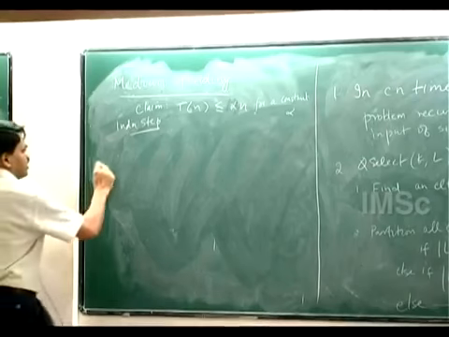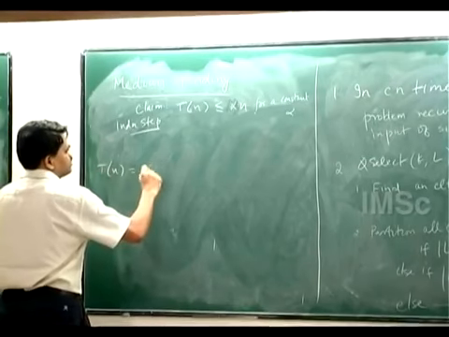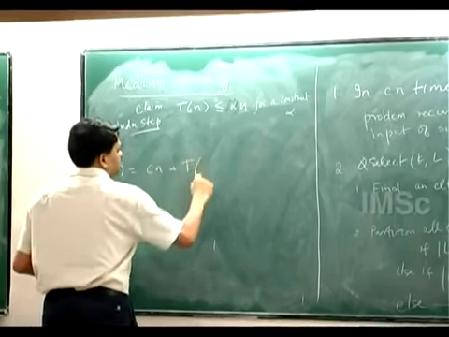So what would be my recurrence? Some cn plus... and what are these numbers? What can I guarantee?